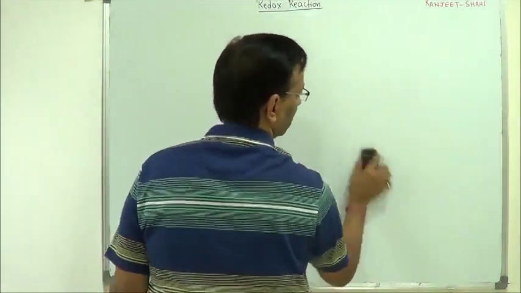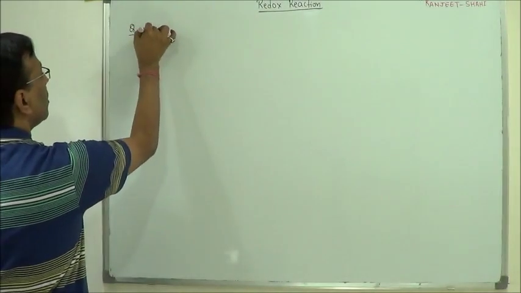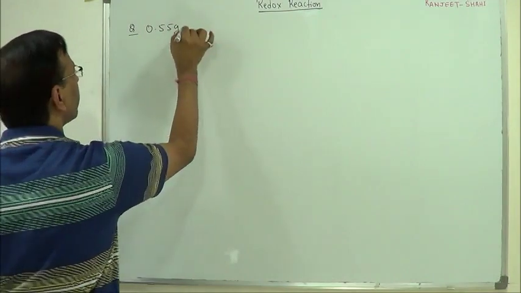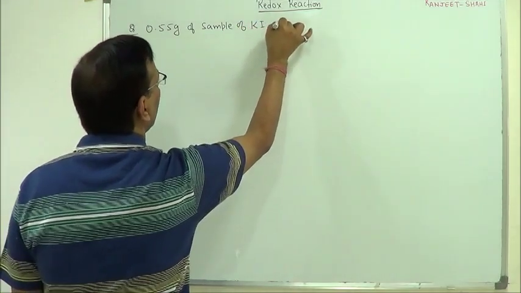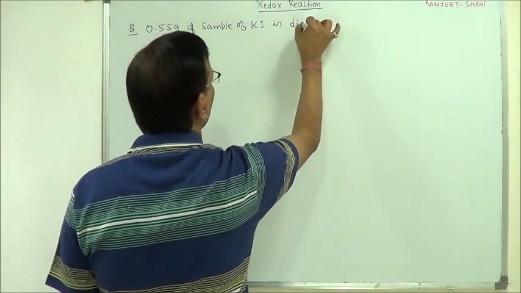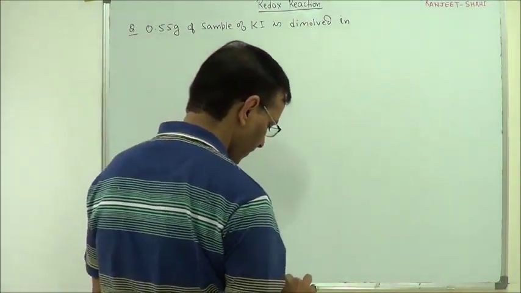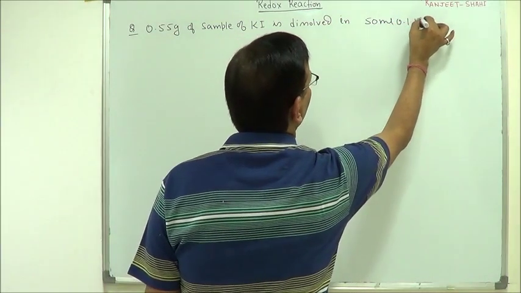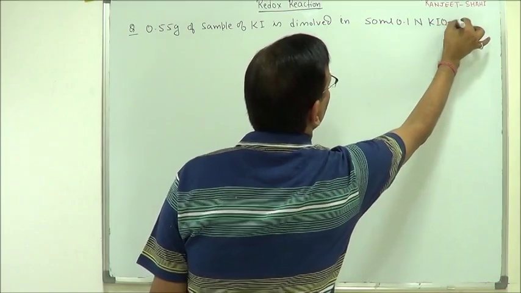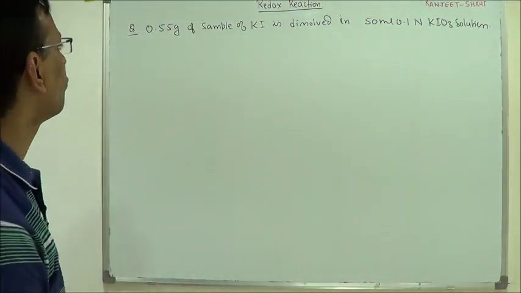Suppose a situation is given like this. 0.55 gram of a sample of KI is dissolved in 50 ml 0.1 normal KIO3 solution.